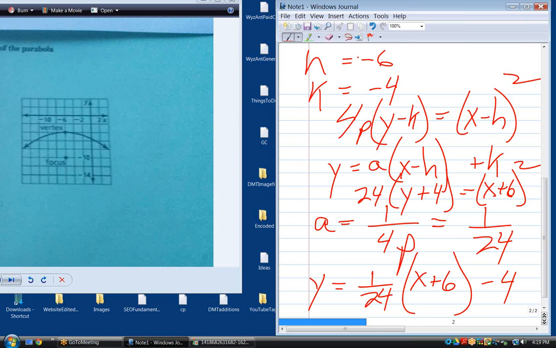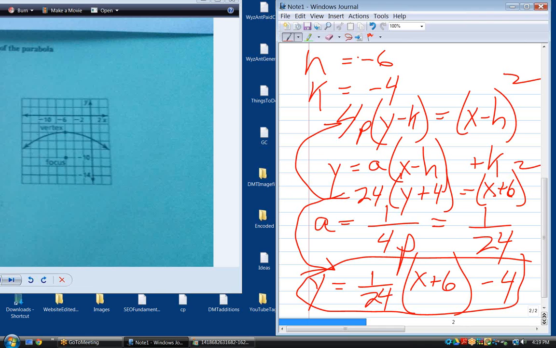I divide everything by 24 and then subtract 4, and I get this. In other words, I can go from that to this, and this one came from this general format.